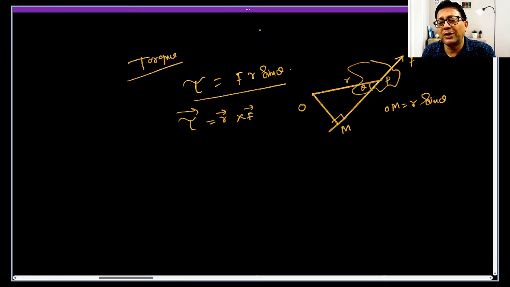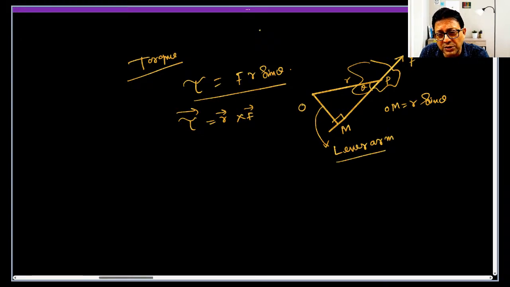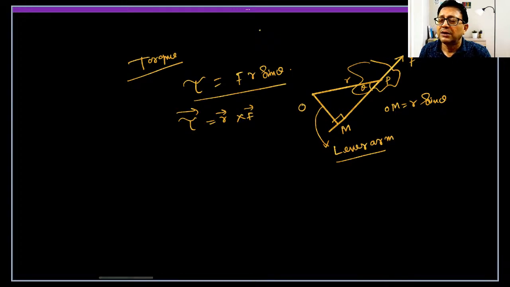Torque vector, if you want to write, then tau will be equal to r cross F. This torque will be clockwise or anti-clockwise. Imagine that the force is acting on this lever arm. If it rotates the lever arm in anti-clockwise sense, then the torque will be anti-clockwise. If it rotates in clockwise sense, then it is clockwise torque.